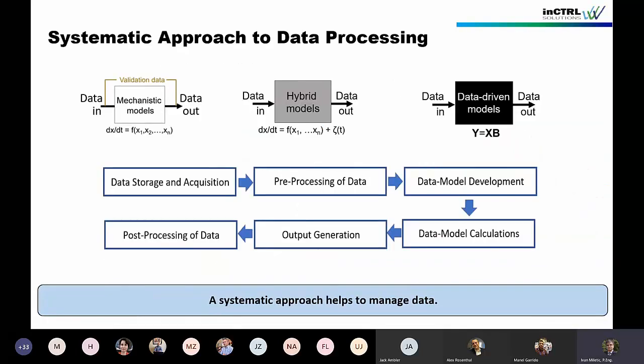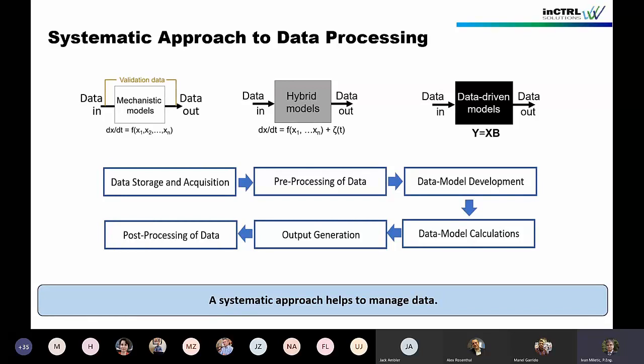So this idea of a systematic approach, we're showing you this flowchart, those blue boxes there for data storage through data processing, then into model development and output generation. We're showing you that as kind of a mental map as to how you may think about what you're doing with your data set. Now, I find this framework useful because it points to isolating and then recognizing that specific problems occur in the idea of assembling a data set and then extracting information from it.